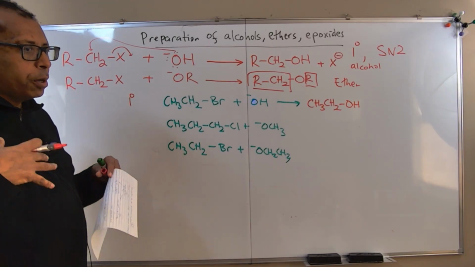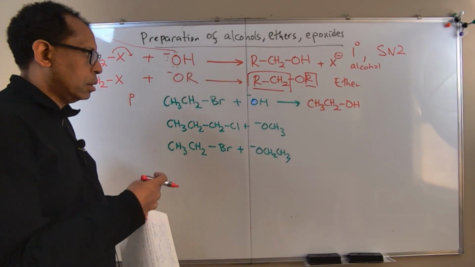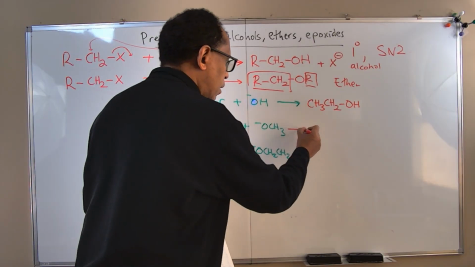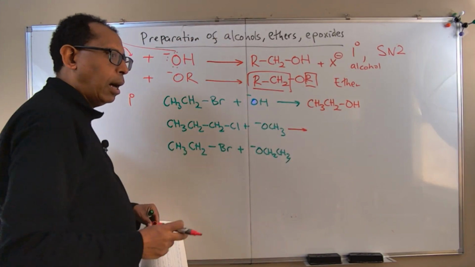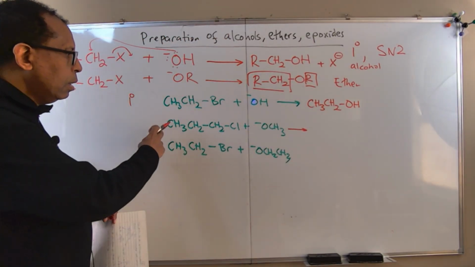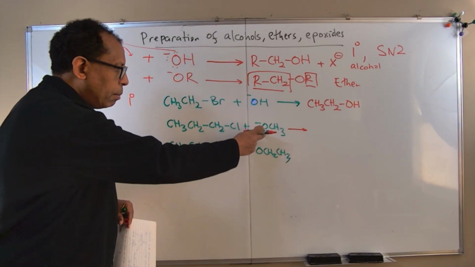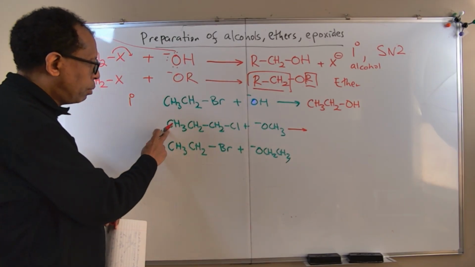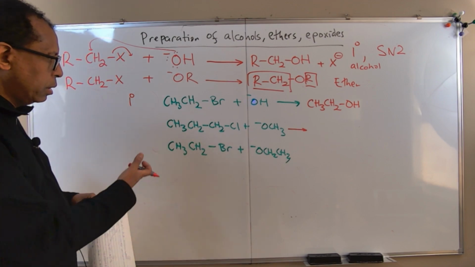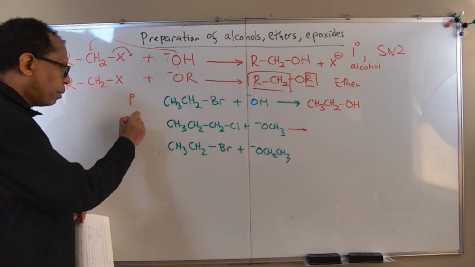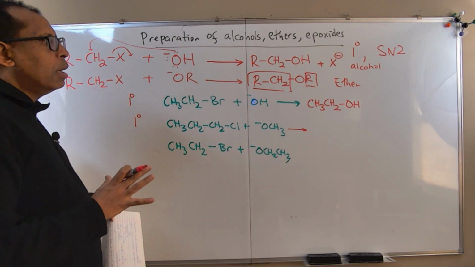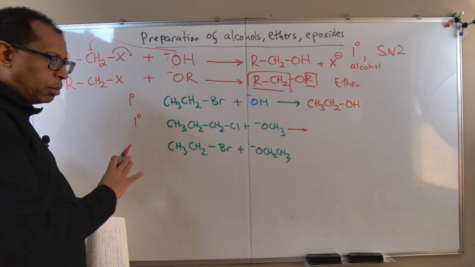But if you were to make an ether, which is a little different than the alcohol, you use alkoxide. So for example, treatment of methoxide with this propyl chloride, an alkyl halide, still a primary one. Remember, the focus is these are primary.